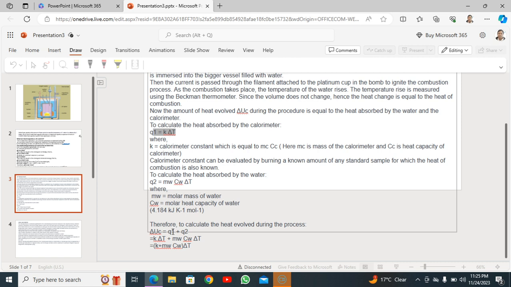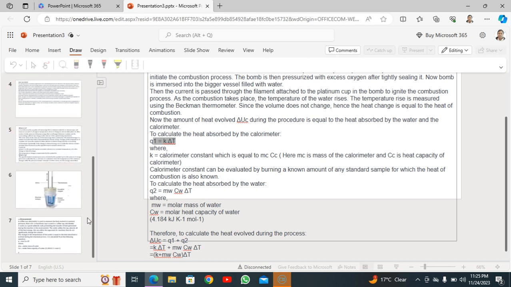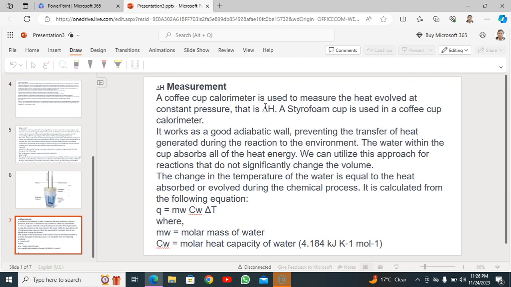So Qc is equal to Q1 plus Q2, which is K delta T plus Mw Cw delta T, that is, K plus Mw Cw, times delta T. Then we will know how much internal energy is produced by the bomb calorimeter, and then we have to study how much enthalpy dH will be produced.